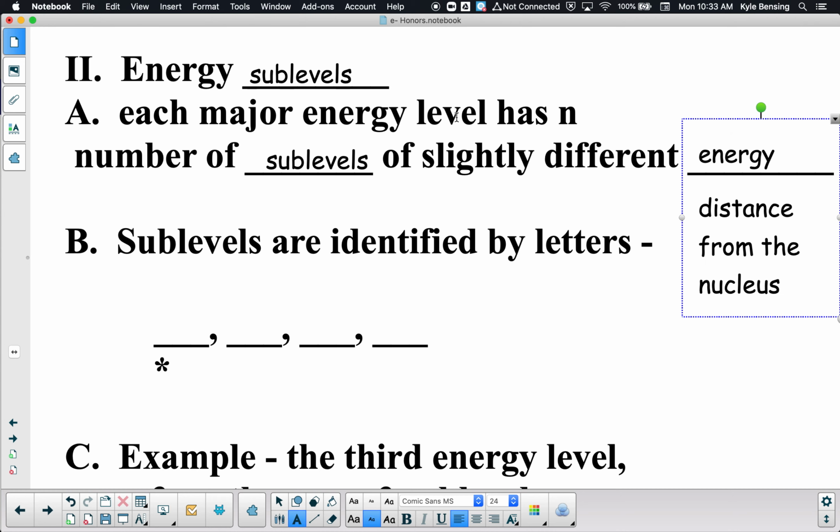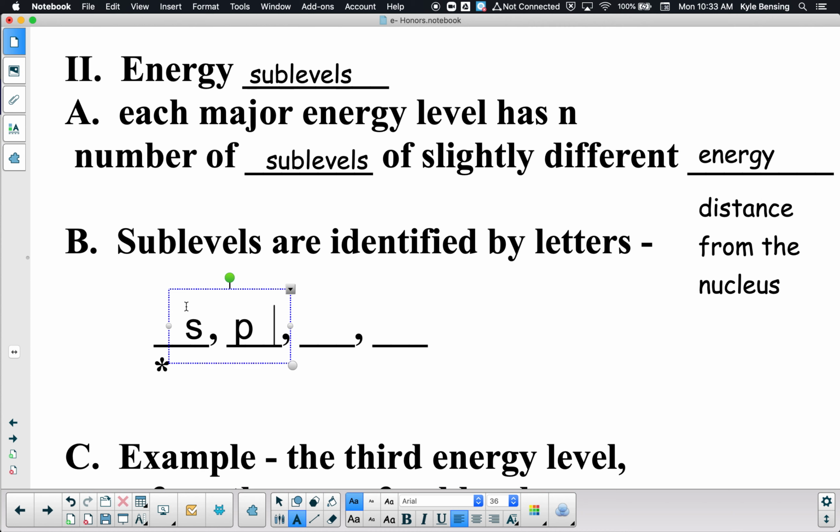Different energy. Sublevels are identified by letters: s for the small one, p, d, and f. Now you notice here it says energy, and that means distance from the nucleus. In every major energy level, the s sublevel is the one that has the lowest energy.